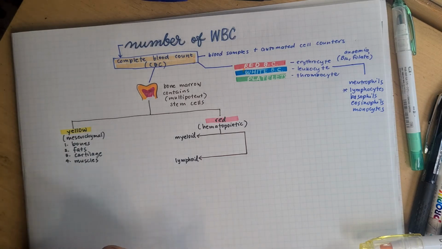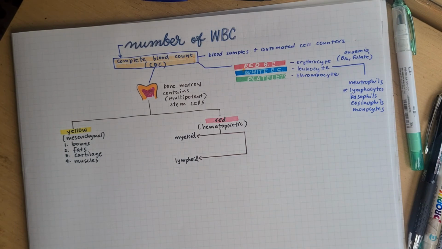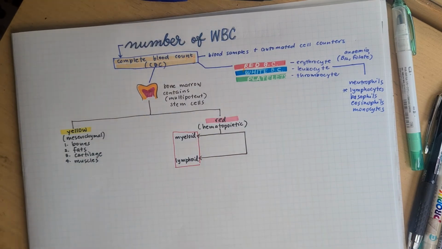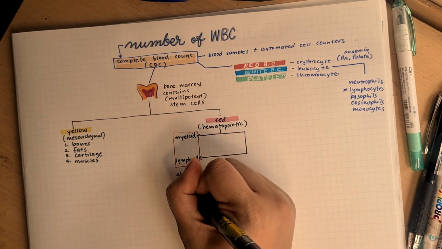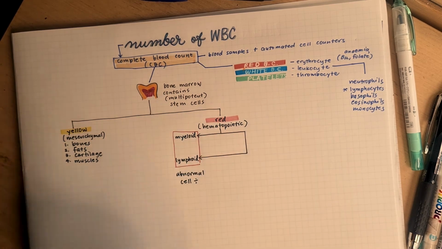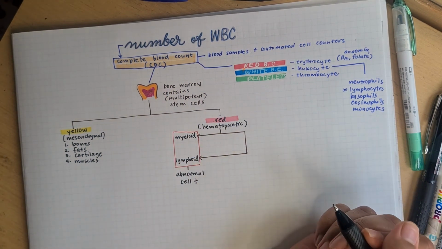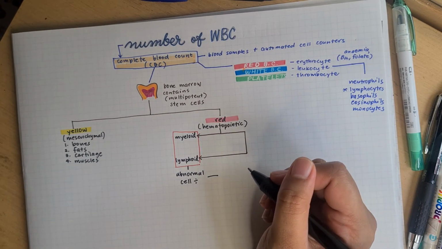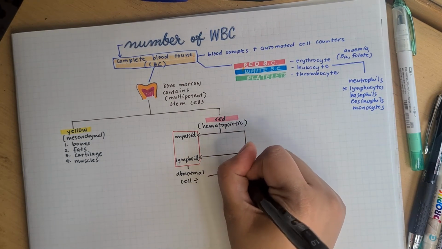So why is this now important in the number of white blood cells? If, let's say, there is an abnormal cell division, this might mean that the person is experiencing cancer, and the cancer of the stem cells in the bone marrow is known as leukemia.